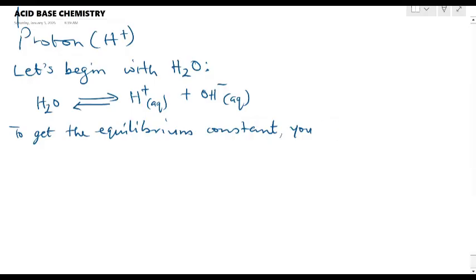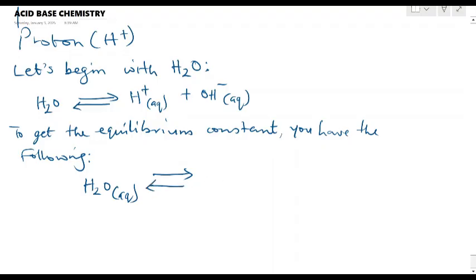To get the equilibrium constant, you have the following reaction: water in aqueous solution dissociates into a proton, H plus, and OH minus in aqueous solution.